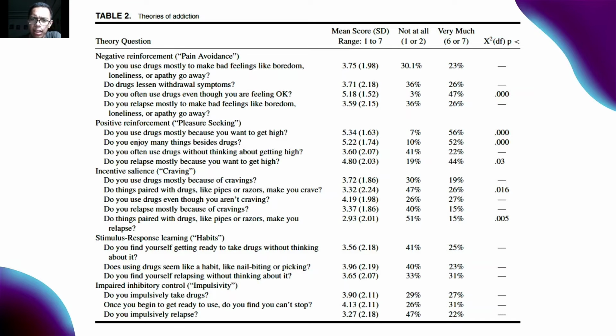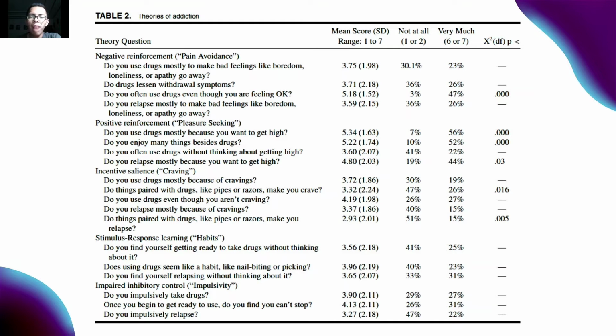The next highest categories rated highly were impaired inhibitory control, 27%, and negative reinforcement, 23%, and similar numbers reported that they relapse for this reason as well.